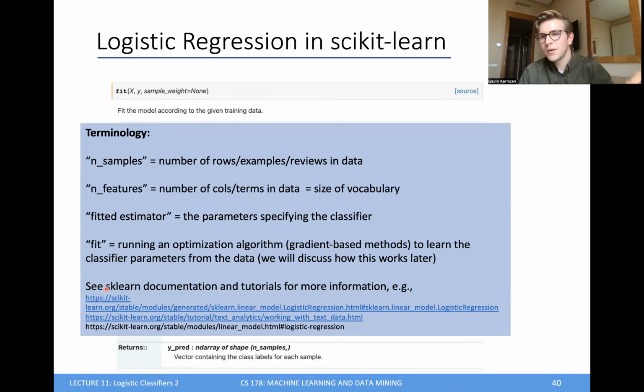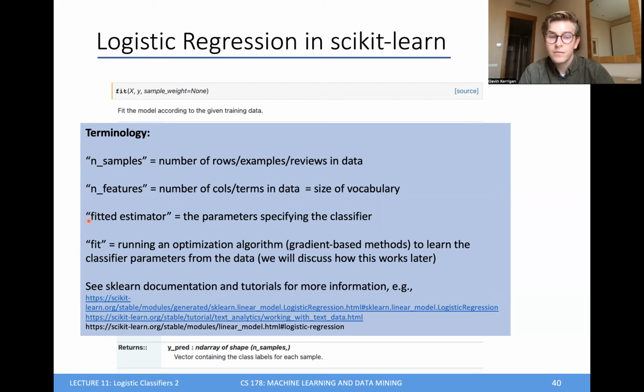A little bit of terminology that gets used in the scikit-learn documentation. N samples is the number of data points in our training data. So it's the number of rows in our data set. And features is the number of columns in our data, which in our case for the Yelp data set is going to be the size of our vocabulary. By a fitted estimator, we mean really the parameters specifying our model.